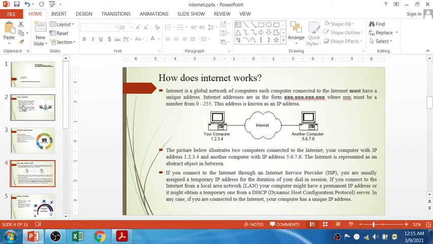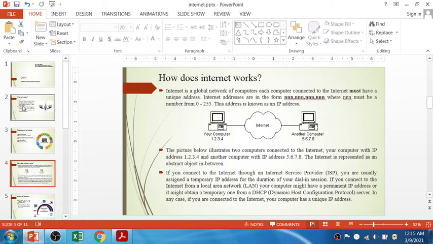In the figure you can see that there are two networks, right? Let's say two computers are connected for communication through the internet, and both the computers have their own IP address. The picture given in this slide illustrates two computers connected to the internet.